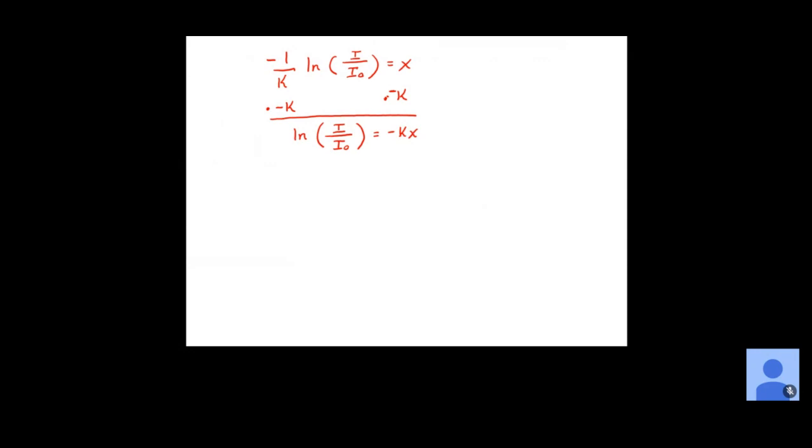All right, now what could we do? Good. Write it in exponential form. So we know our base here for the natural log is going to be an e. So we have e to the -kx is equal to I divided by I sub 0. And we're trying to solve for the I, and so what are we going to have to do now?